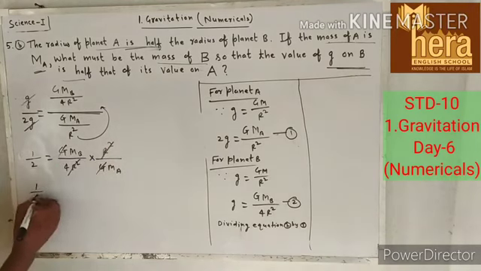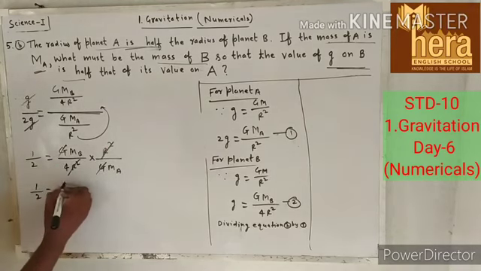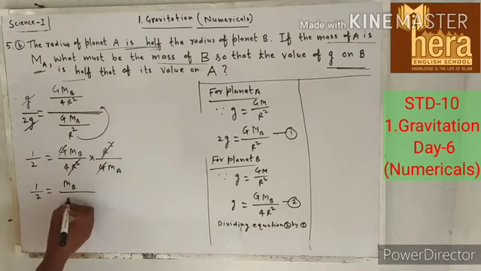That is 1 upon 2 is equal to MB upon 4 MA. Therefore, by cross multiplication, MB into 2 is equal to 1 into 4 MA, that is 4 MA.